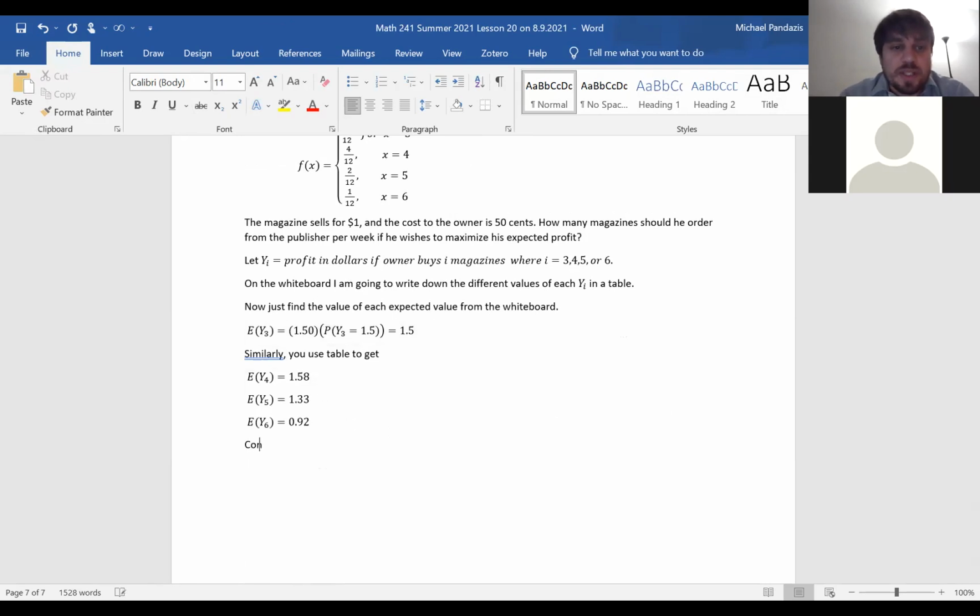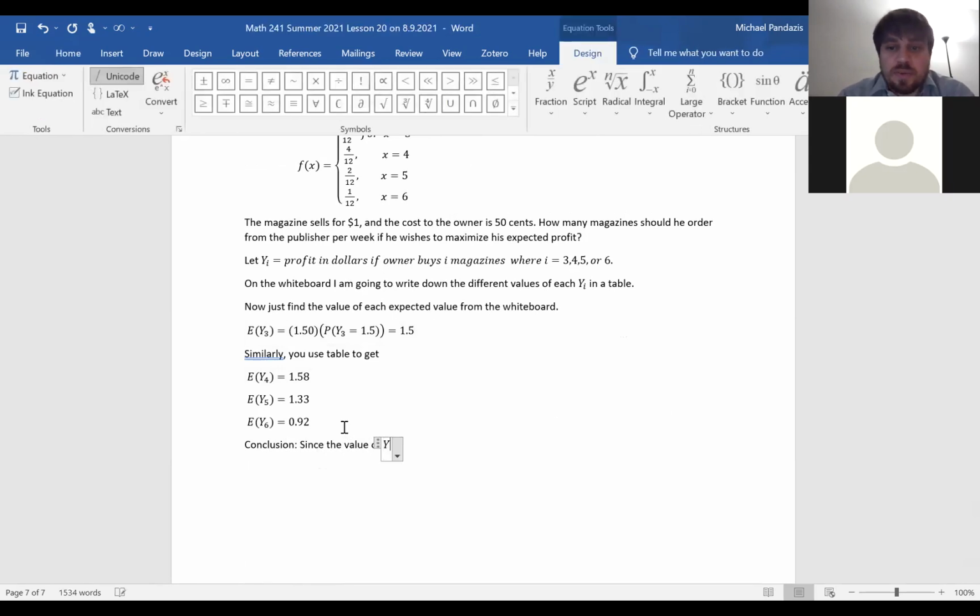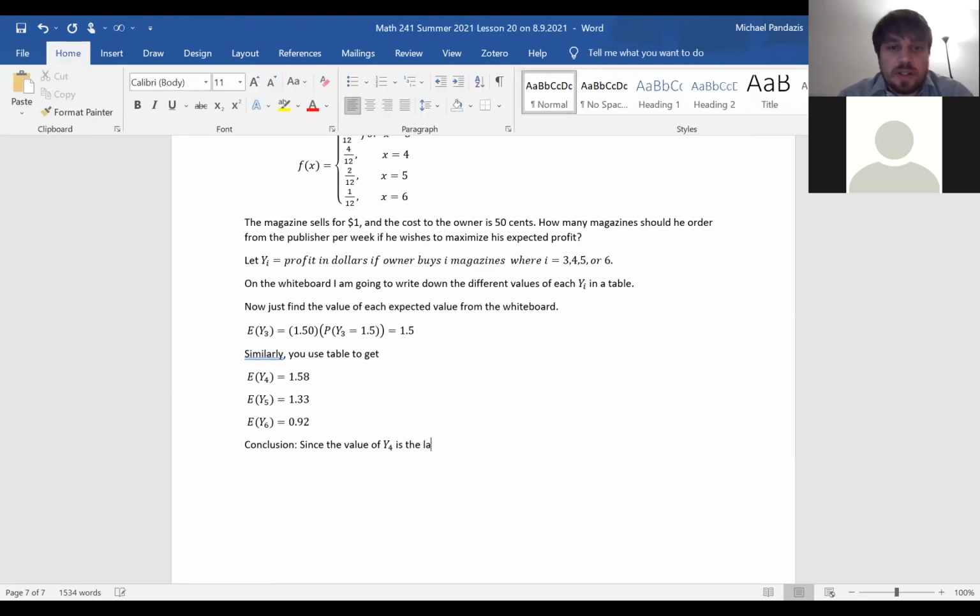So the conclusion is that since the value of y sub 4 is the largest, he should buy 4 magazines in advance to maximize his expected profit. Okay, and so that's the end of 6.2.2.